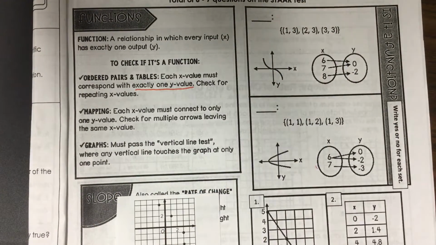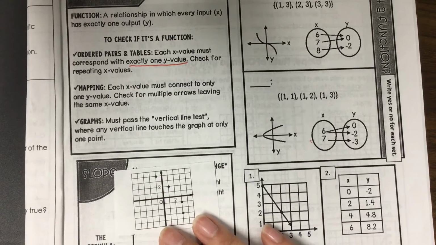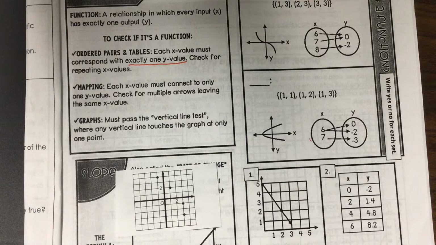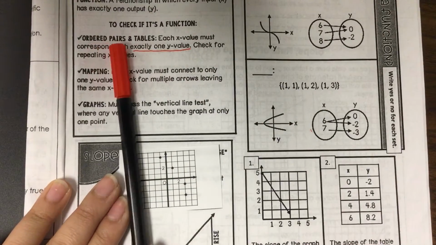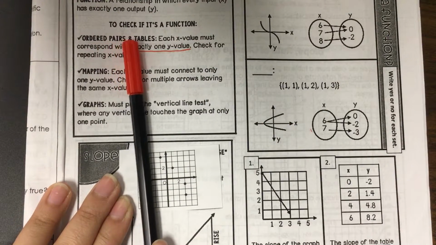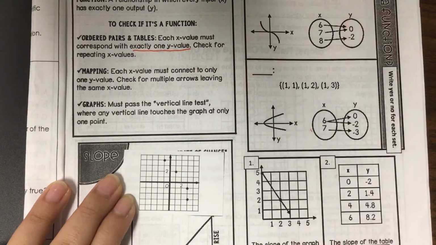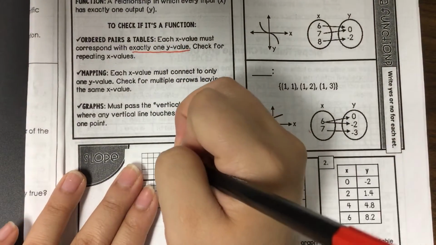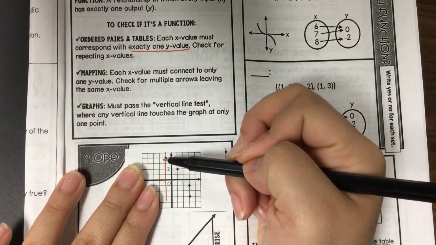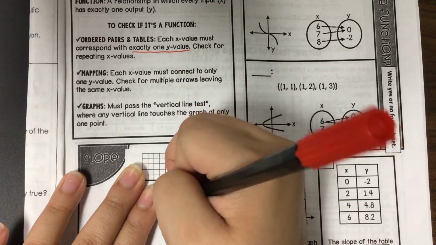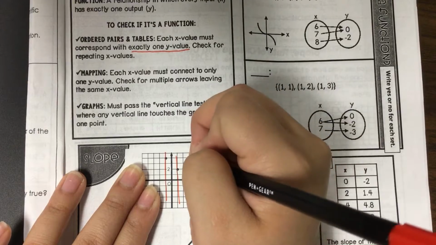And now let's look at a graph. A graph must pass the vertical line test, where any vertical line touches the graph at only one point. We're going to imagine a vertical line, I tend to use my pencil, passing through this entire graph. At any point, if it crosses more than once, it is not a function. At this point, it only crosses once. This point only crosses once.